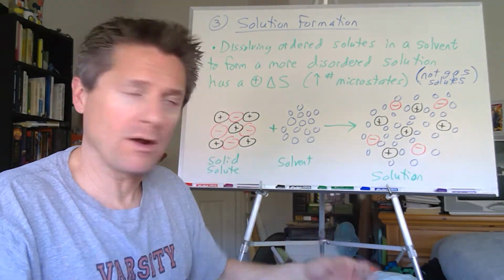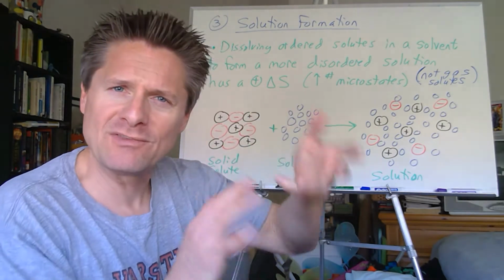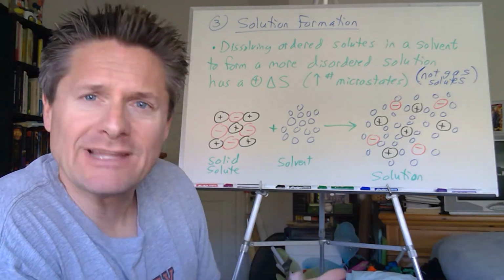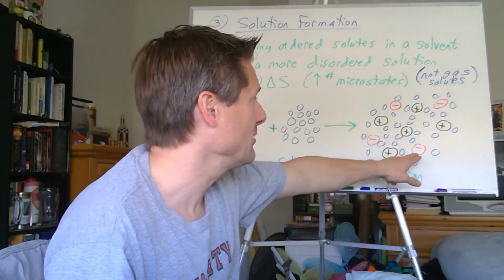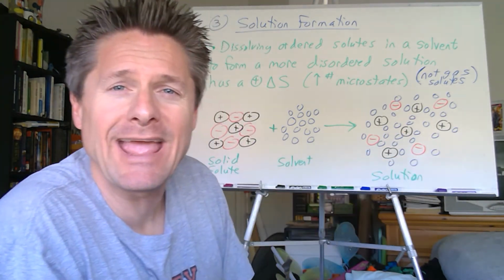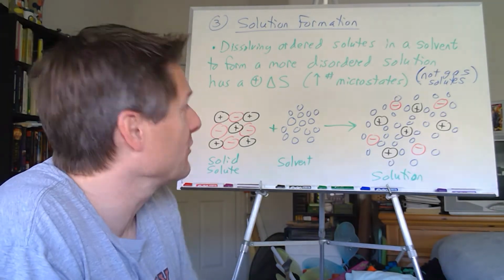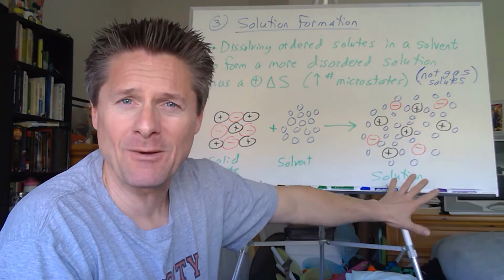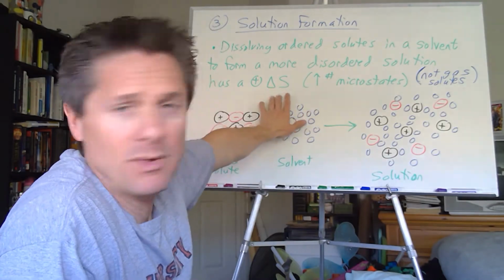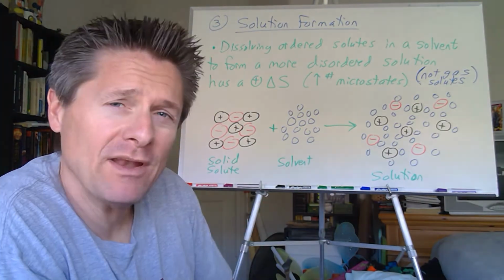Obviously, if that was water, for example, that water surrounds each of those ions. The partially negative oxygen would be attracted to the cations. The partially positive hydrogens would be attracted to the anions and form those little spheres around it. But hopefully you can just see the more highly disordered state here. Large increase in entropy in there. Not quite as much as you would think.